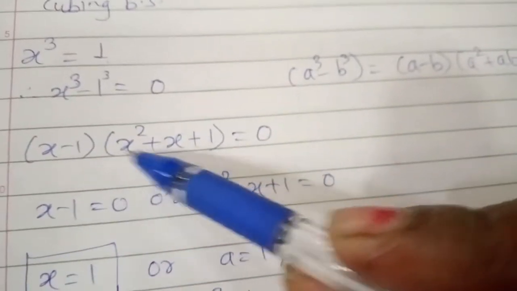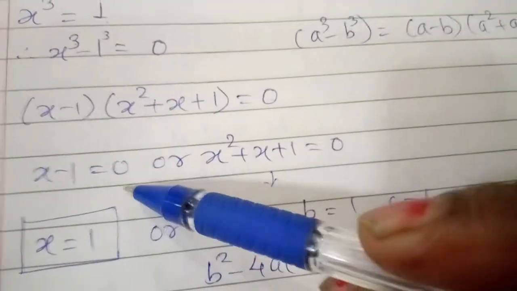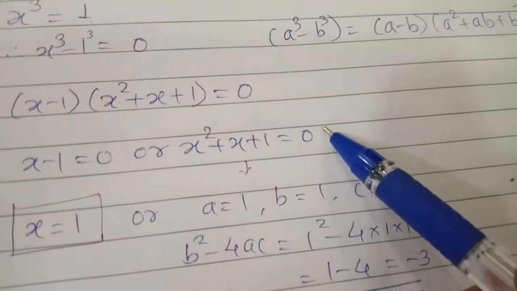Since the product of these two brackets is 0, the first bracket is 0 or the second bracket is 0. So x minus 1 is 0 or x square plus x plus 1 is equal to 0.